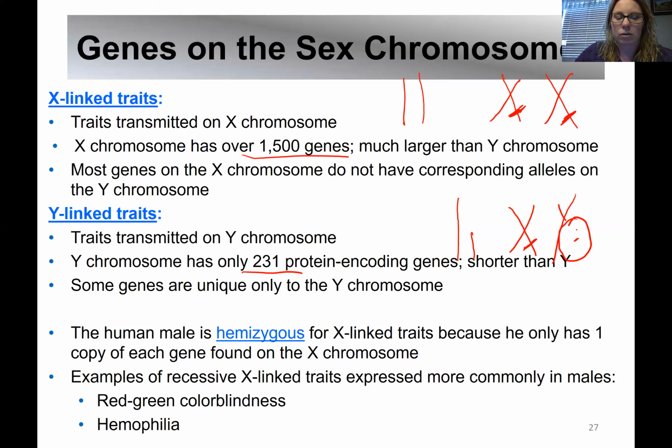I'll go over that in just a second. So what I've just described is that the male is hemizygous for the X-linked traits, meaning he only has 1 copy of the gene found on the X chromosome. Examples of X-linked traits are red-green color blindness and hemophilia.